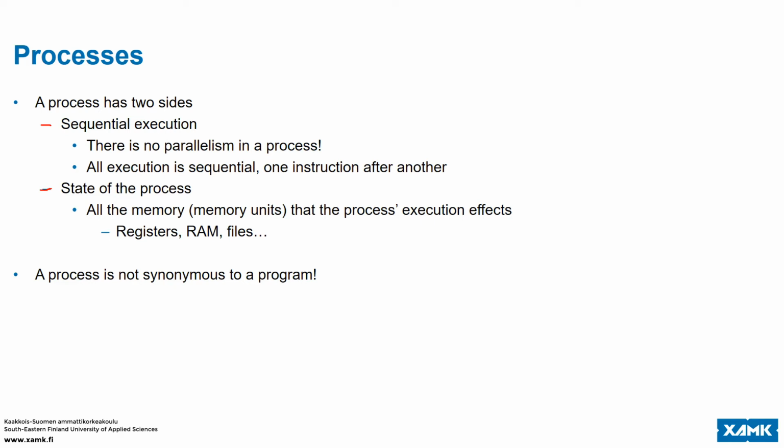What I mean by sequential execution is that processes themselves do not provide any way of executing programs in parallel. So all execution in a computer system is more or less sequential. So we consider one instruction after another.